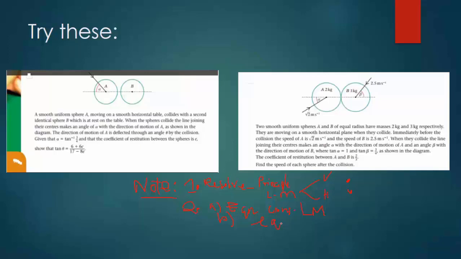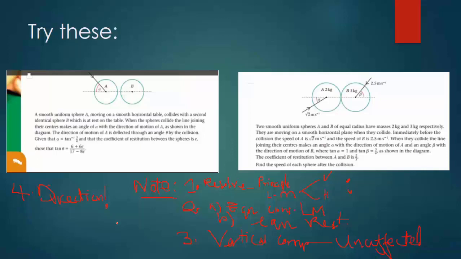Equation ya restitution. Cha tatu, note vertical component is usually unaffected. Cha nne, direction. It's very important. Ukisha note direction fulani ni positive, basi kila kitu ambacho utatumia kinaelekea kwenye hiyo direction, utatumia positive.